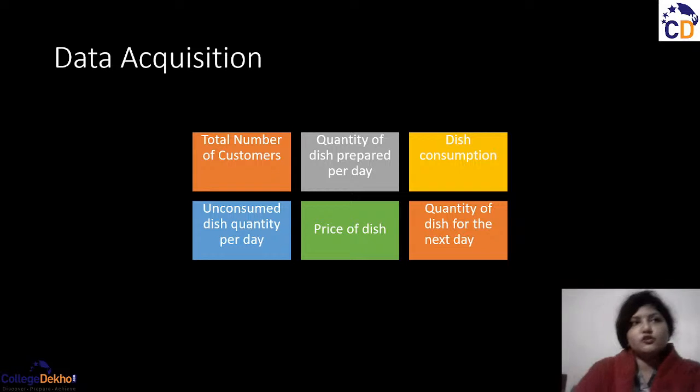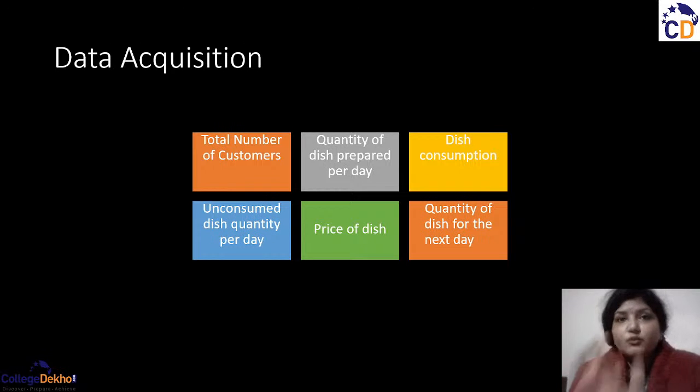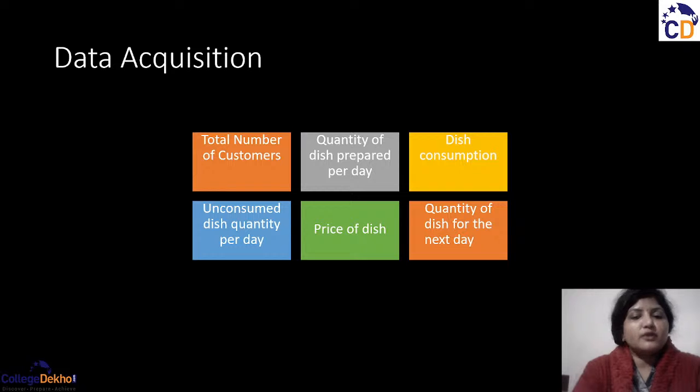That quantity is also maintained and given as an input to the model. Most important factor, the price of the dish, right? Then the quantity of dish for the next day: how much quantity of the dish is to be prepared for the next day. So these are the 6 factors which we have analyzed that could be there to solve this problem.